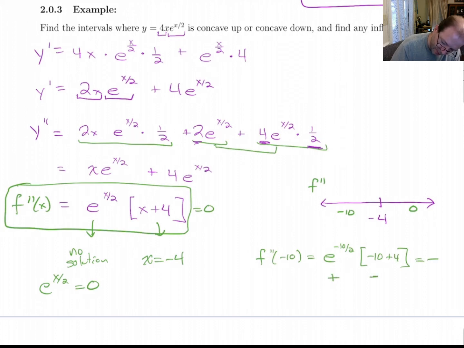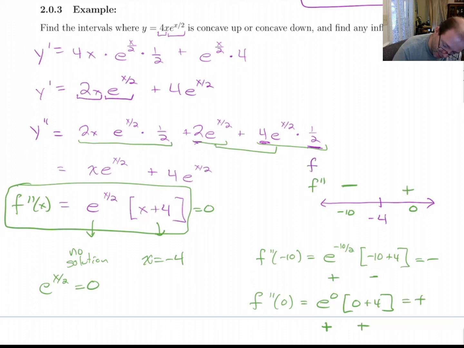This is negative. And f double prime of 0, that's going to be e to the 0 times 0 plus 4. E to the 0 is positive. It's 1. This over here is positive, so this is positive. So my function, f, it's sad, then it's happy.